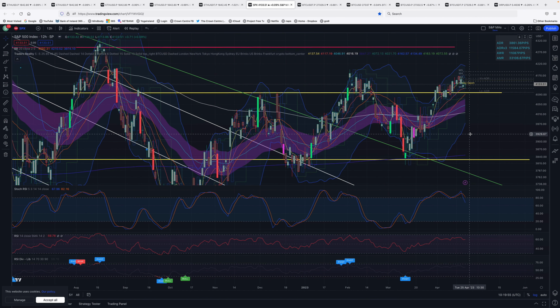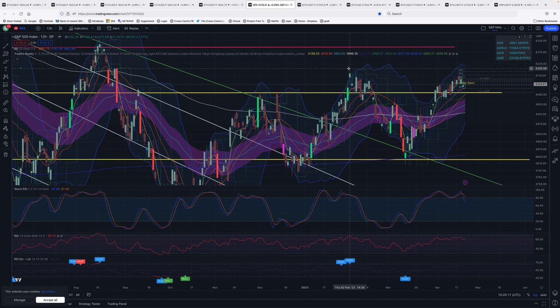Again, we have what looks to me like a topping out formation here. It seems like we're topping out, and we couldn't break the previous high. So we're going to see what we're going to do today and tomorrow on the daily. If we do manage to turn things around, I don't think so.